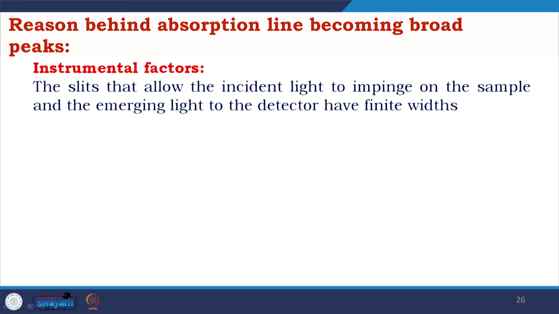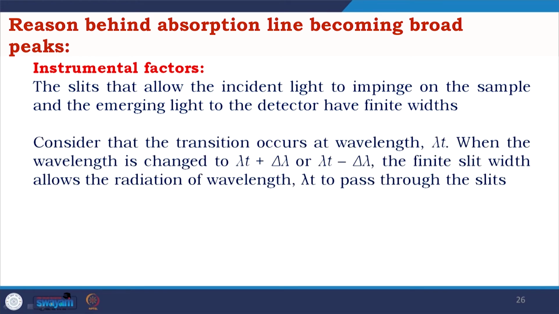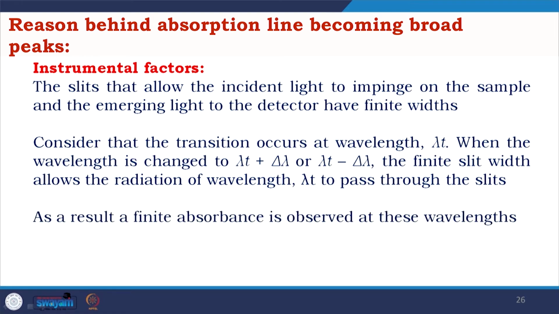The slits that allow the incident light to impinge on the sample and the emerging light to the detector have finite widths. Consider that the transition occurs at wavelength lambda t. When the wavelength is changed to lambda t plus delta lambda or lambda t minus delta lambda, the finite slit width allows the radiation of wavelength lambda t to pass through the slits.